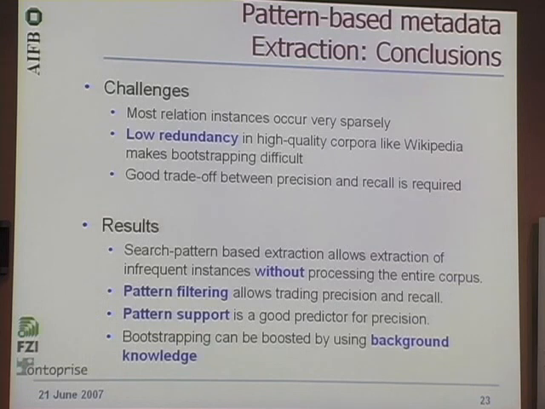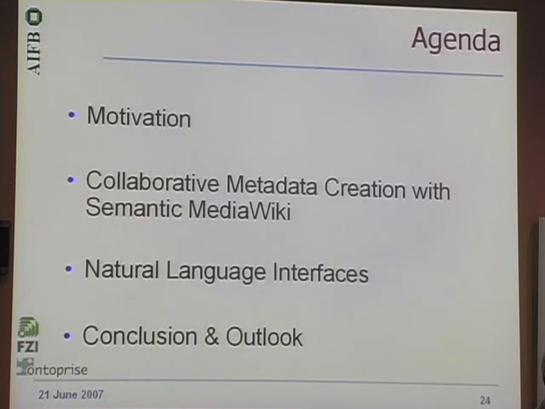And what you can also exploit as additional information is some background knowledge, for example, some typing information of the elements that show up in the patterns, and that again improves your result in the end. So that is one way of generating some of these semantic links in a semi-automatic way in order to get rid of some of that manual stuff.